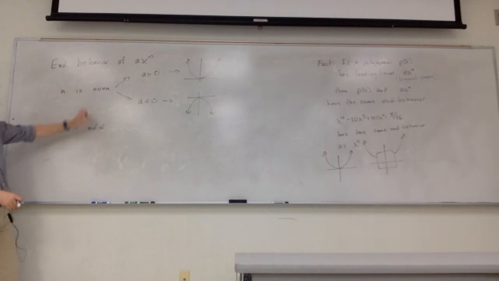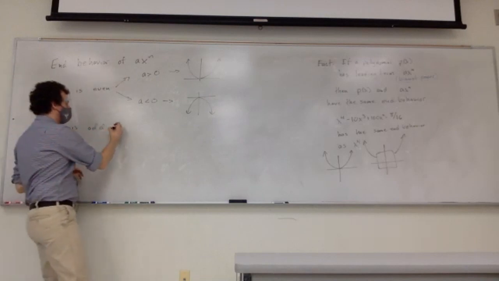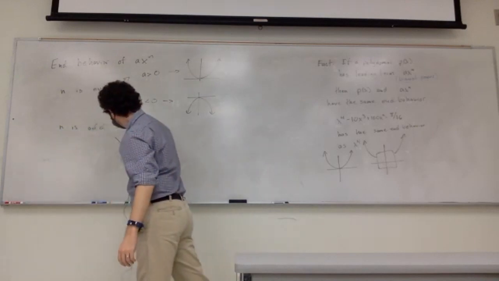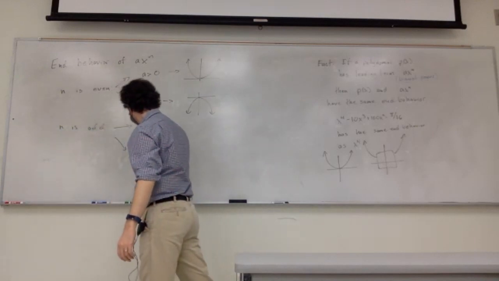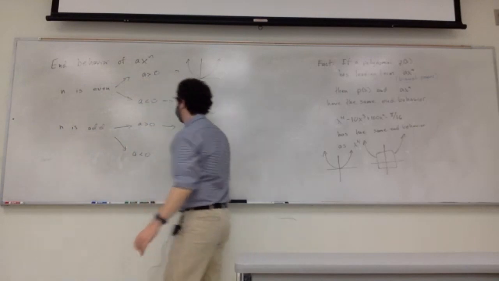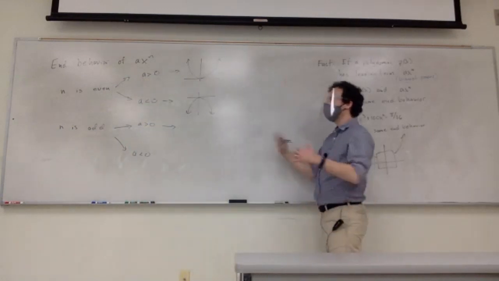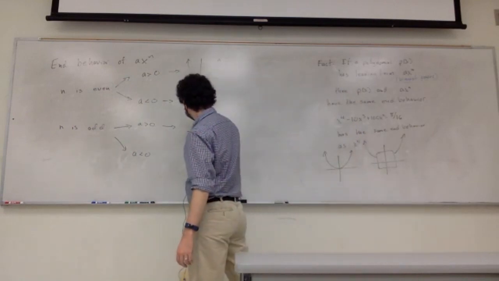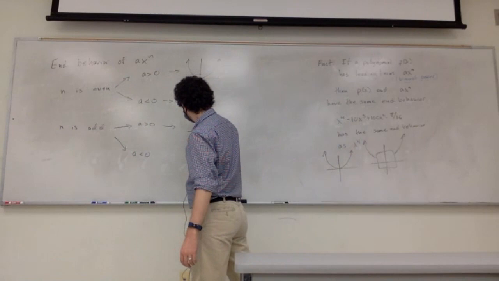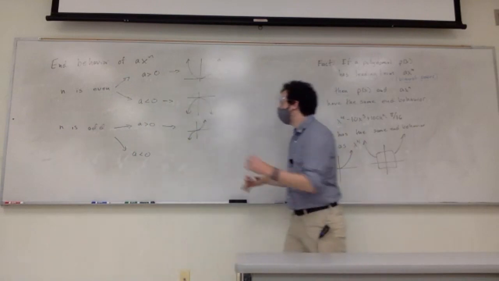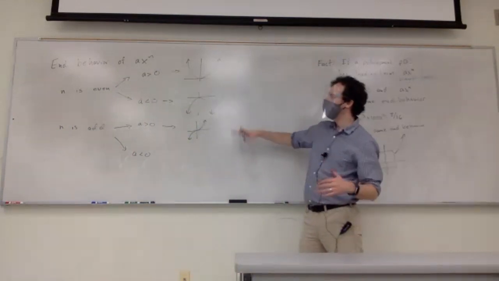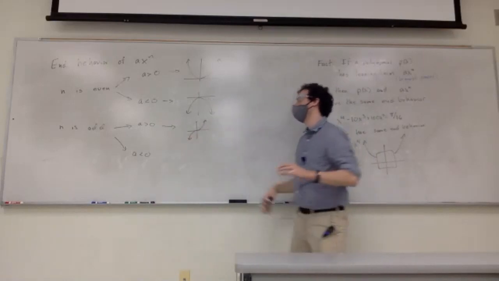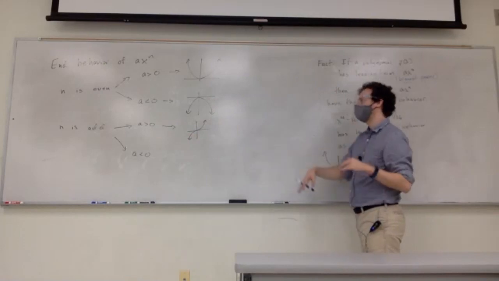If n is odd, you have the same split. You want to know if a is positive or a is negative. If you're positive, you look like normal x cubed. If n gets bigger, you're a little flatter close to 0, a little steeper outside of 1 and -1, actually.